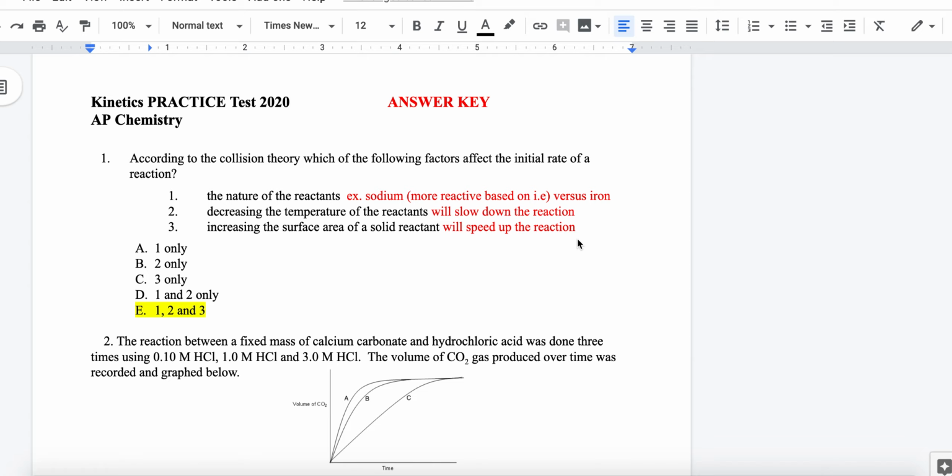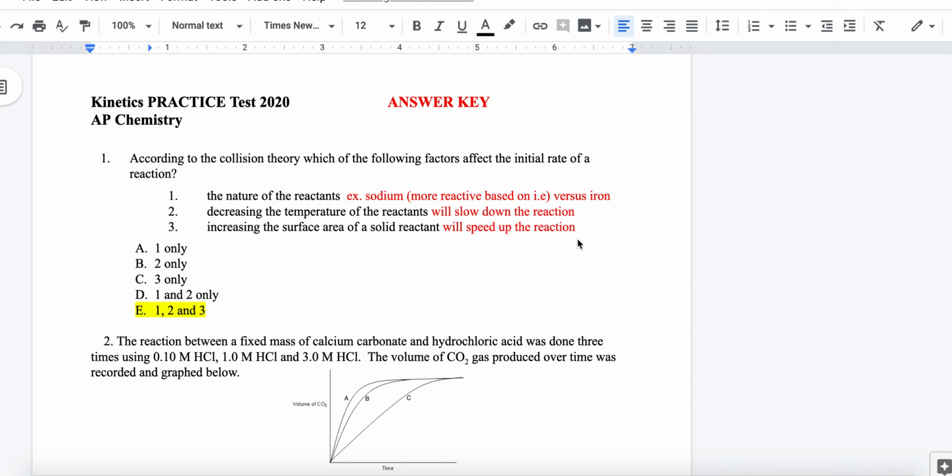So, nature of reactants, concentration, temperature, surface area, adding catalysts, those were all things that we could potentially change about a reactant in order to get the rate of the reaction to go faster. Remember to pay attention to phase because you can only change the surface area of a solid.